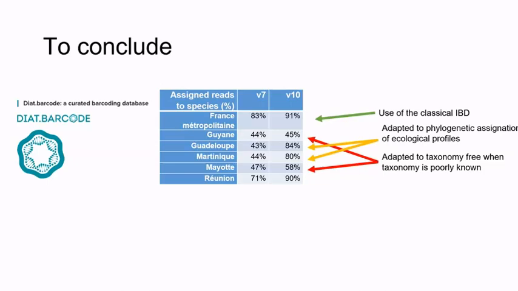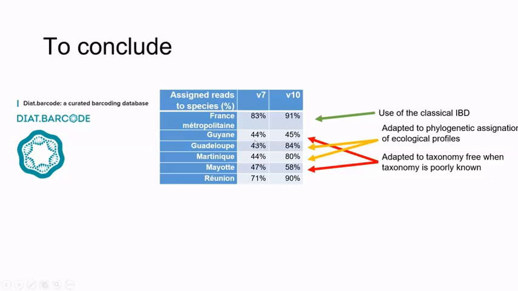So to conclude, we come back to the real situation, what we have in the field in France. In the case where we have a reference database with good completion, we can use classical diatom indices.